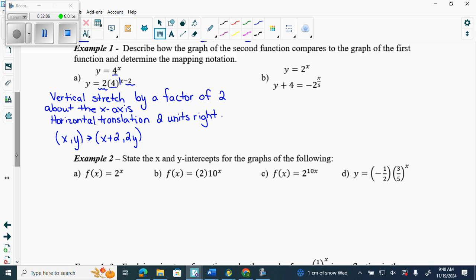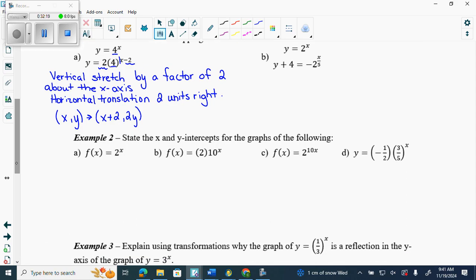I want you guys to do B. x over 5, how could I rewrite it? Instead of x over 5, yeah? 1/5 times x. So you try B, and then try example 2, which wants x and y intercepts. The x-intercepts you can get from your calculator if you so choose. You'll find something out about them.